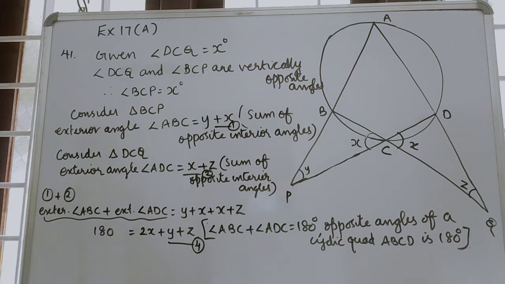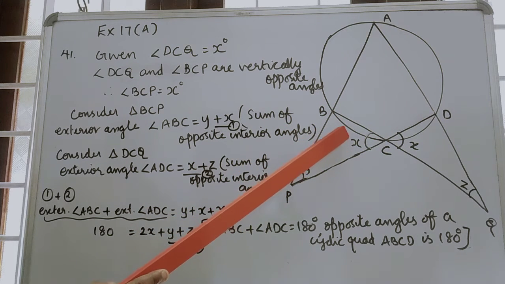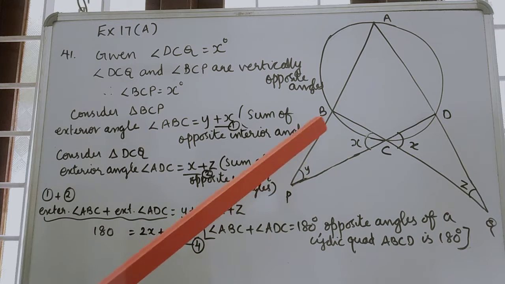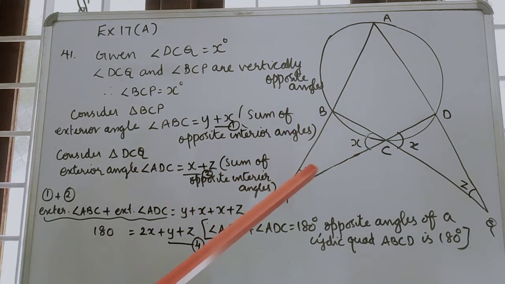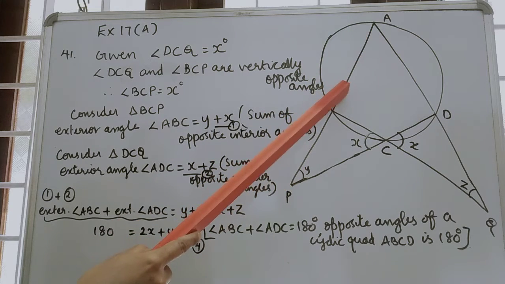Next, consider triangle BCP. So, exterior angle ABC, if you are considering this triangle, this will be the exterior angle.